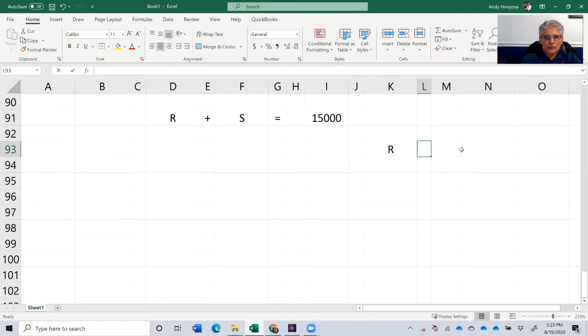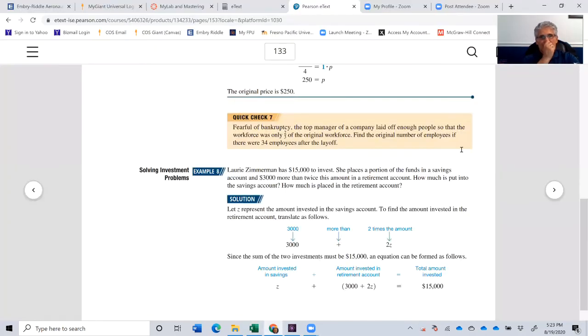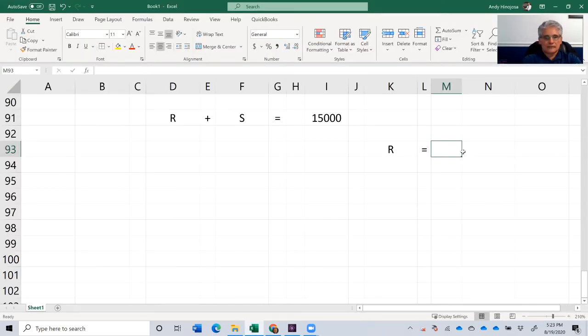The R is equal to 3,000 more than twice whatever she put into the savings. We'll take two times the savings plus, how much was it, $3,000. So R is equal to 2S plus 3,000.